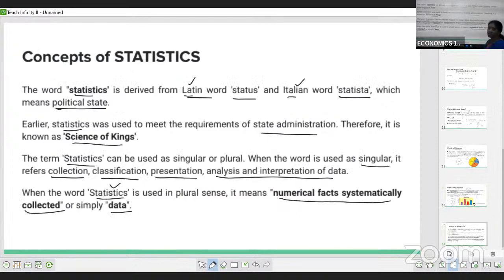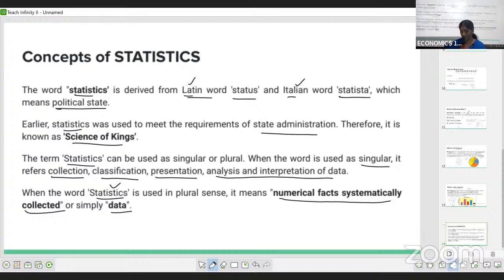With this, the 10th unit, the basic statistics for economics, almost all the questions are covered. In the first question, we discussed the relationship of statistics with economics.